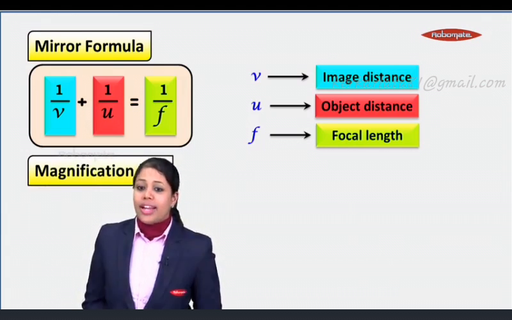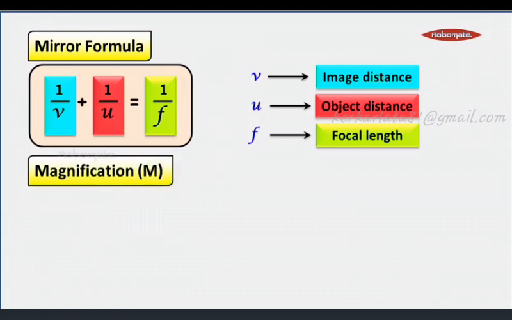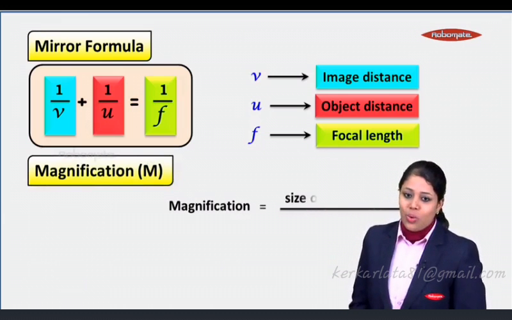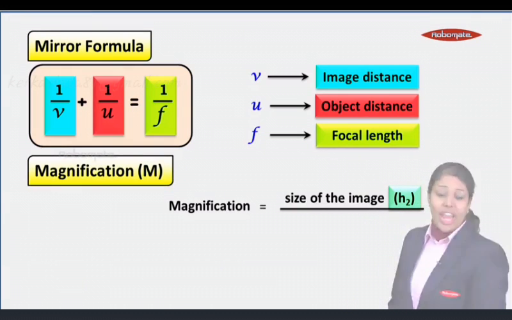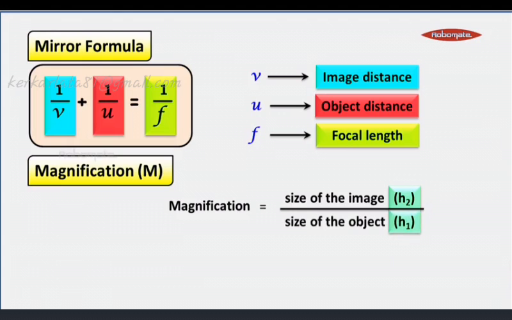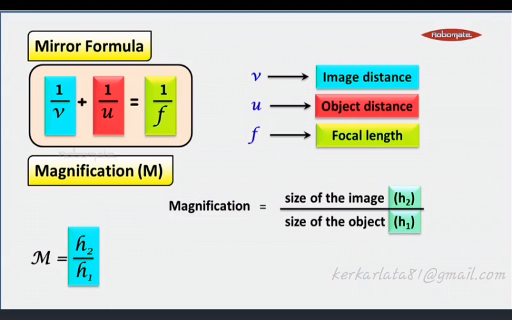Coming to the next formula that I told you, magnification, capital M. Let's understand what magnification is. Magnification is equal to the size of the image h2 upon the size of the object h1. So the magnification formula is M = h2/h1. This h2 and h1 can also be written as size of image h dash and size of object h.